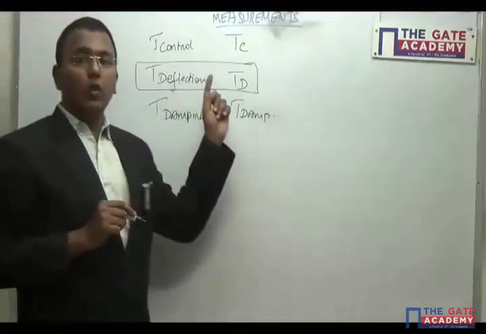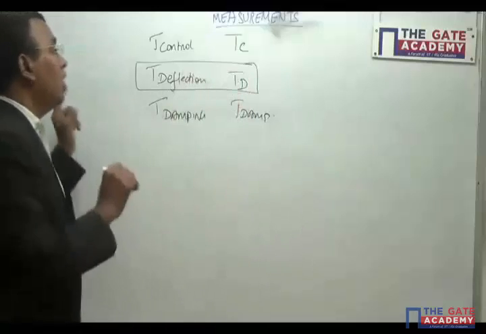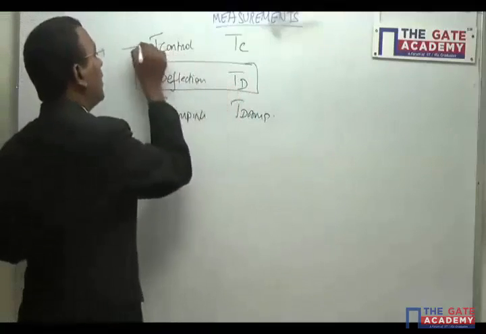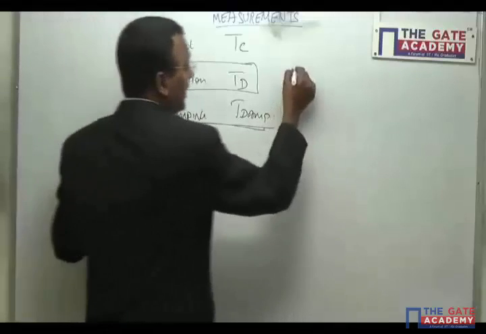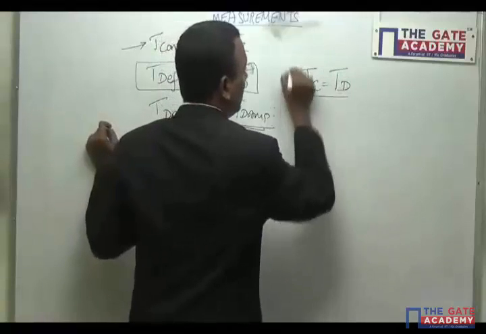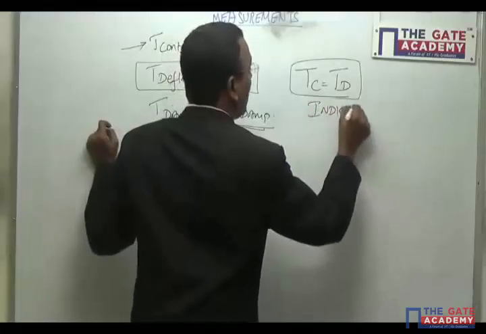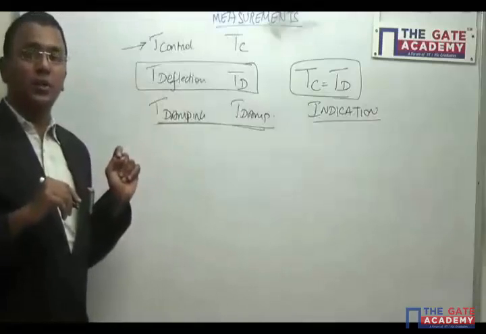But we want that measurement system to be stable, so we provide a feedback system to have a stable pointer indication. That is your control torque. And damping torque is, see, the indication is the place where the control torque balances the deflection torque. But what happens is, because of inertia, you will have overshoots and undershoots.